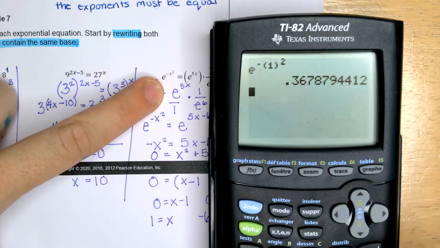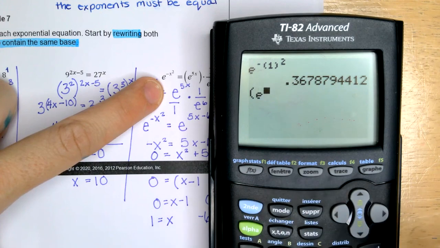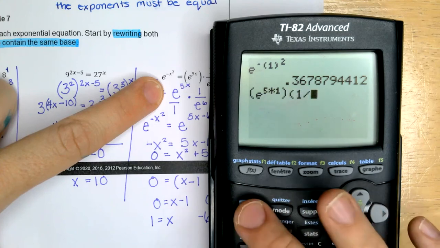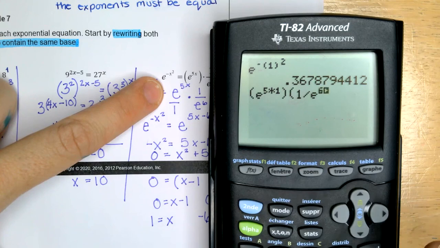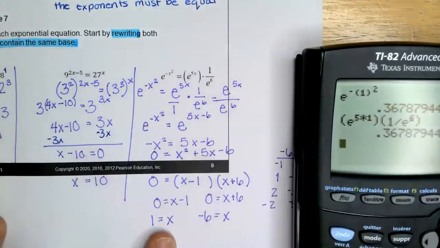And then e to the power of 5 times 1, multiplied by 1 divided by e to the 6th. Same answer. All right, so we know that that checks.